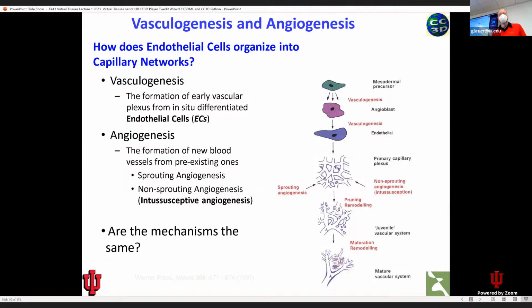The basic biology here is asking the question, how do the cells that form blood vessels organize? Blood vessels can form in two ways. You can have an existing blood vessel that has sprouts that branch off from it.